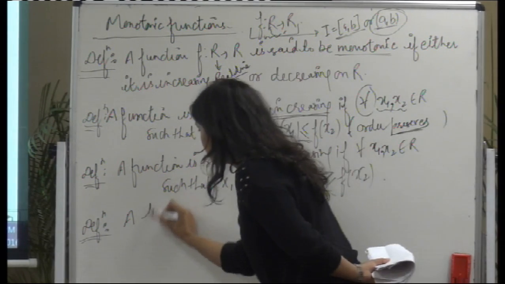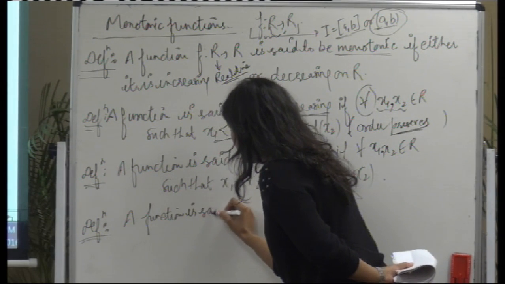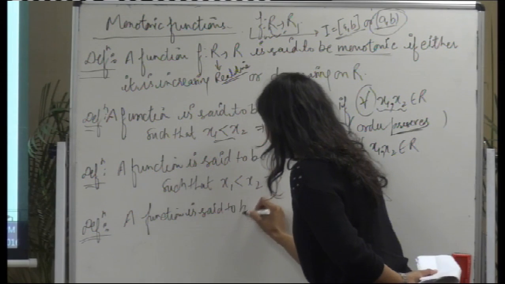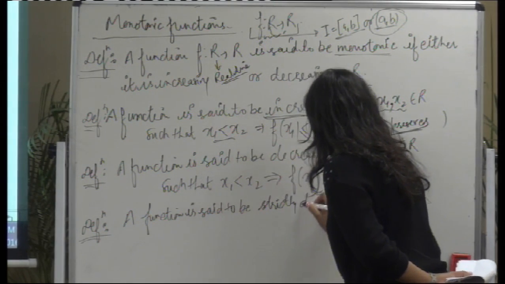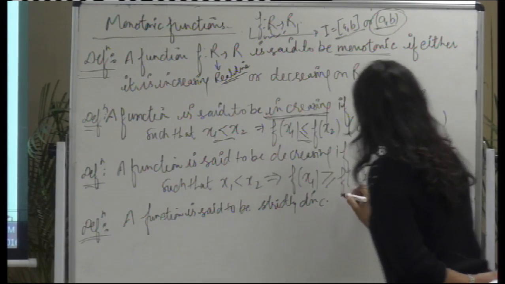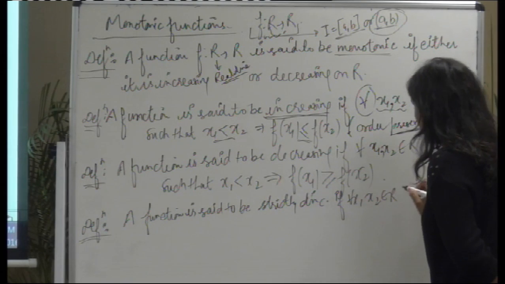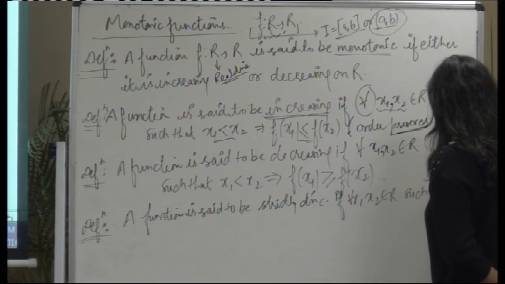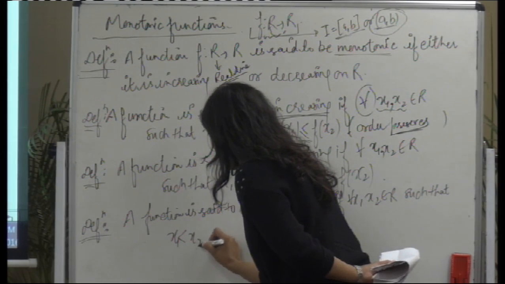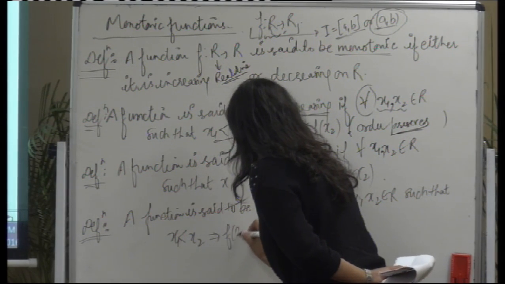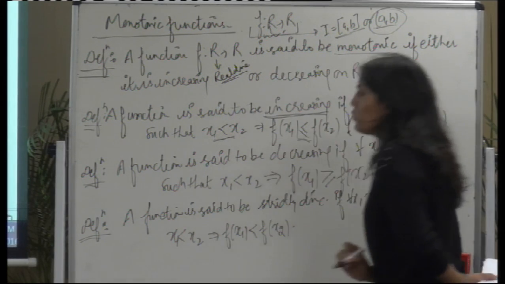A function is said to be strictly increasing if for all x1, x2 in R such that x1 is less than x2 implies f of x1 is strictly less than f of x2, the equality sign will not come.